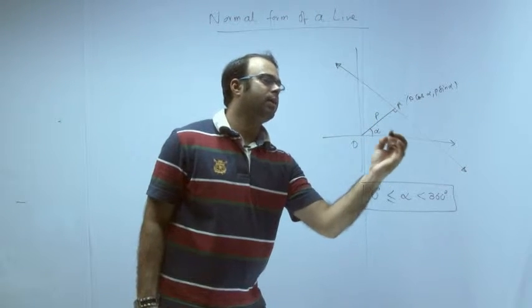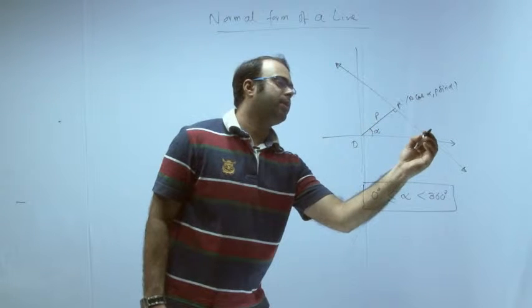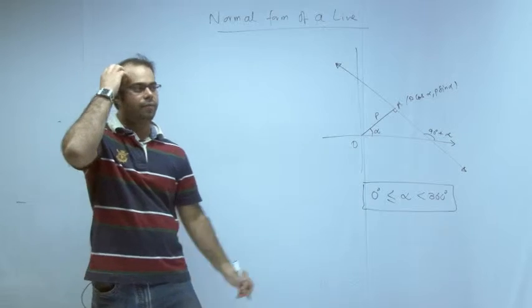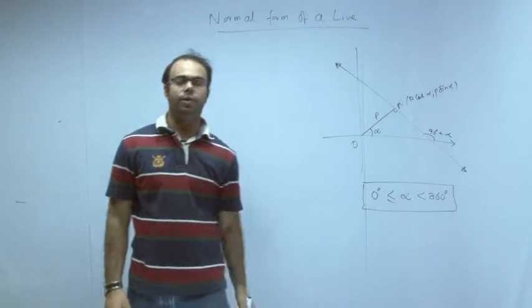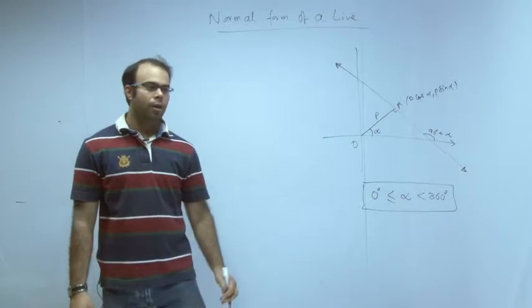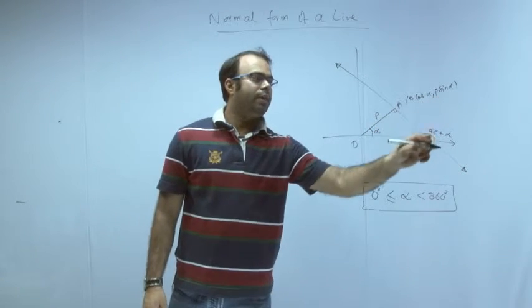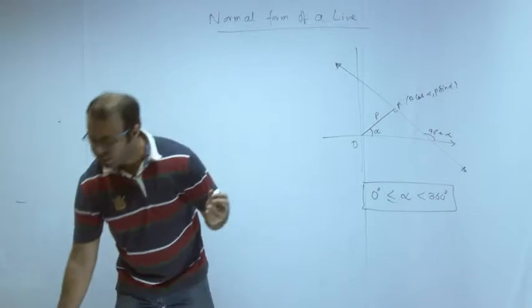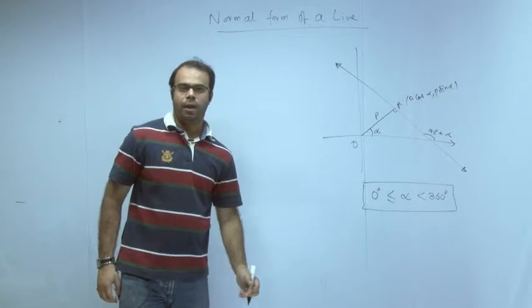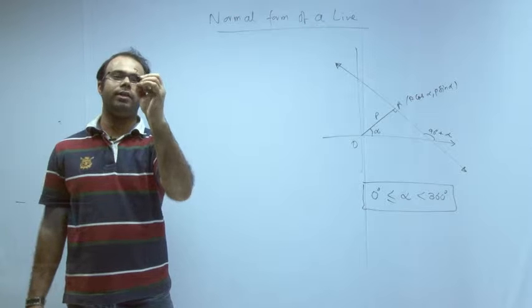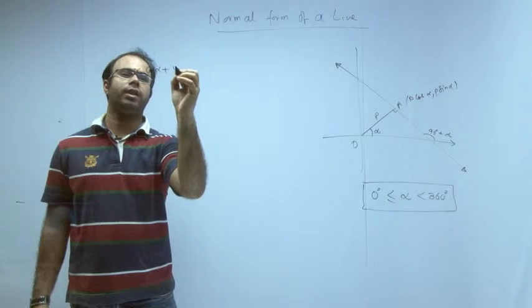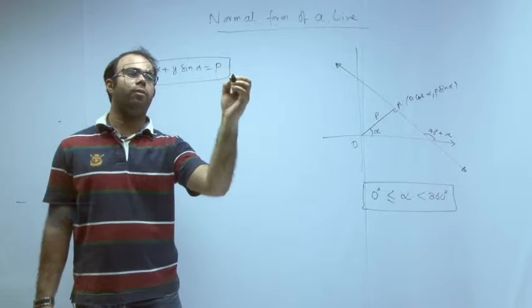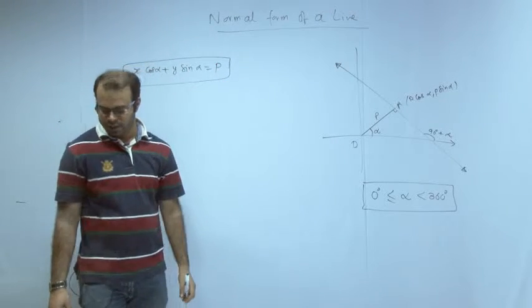And next, this is 90, this is alpha, so this becomes 90 degrees plus alpha. That will give you the slope of this line, tan(90 plus alpha), that is minus cot alpha. So if you have this point and this slope, then you find the equation of the line, but that will give you a very cumbersome equation. Finally, the normal form of a line is x cos alpha plus y sin alpha equal to p. That equation you will have to derive from that, and that will take a lot of steps.